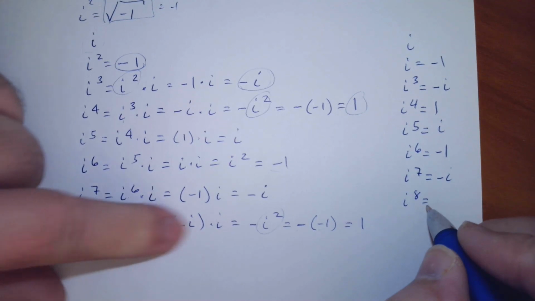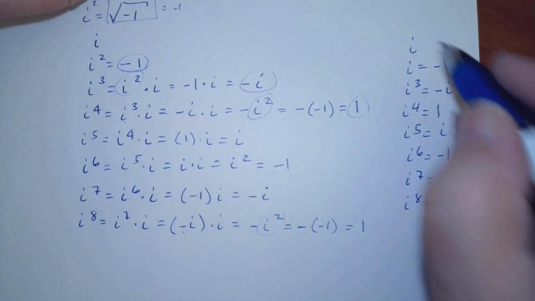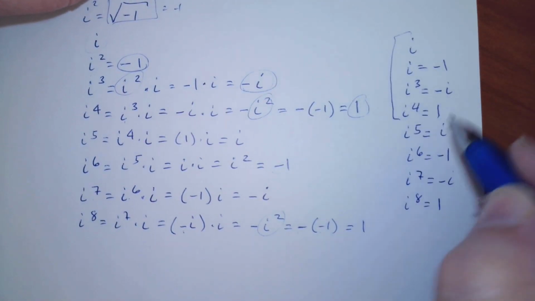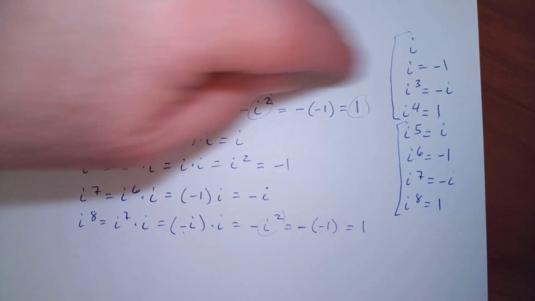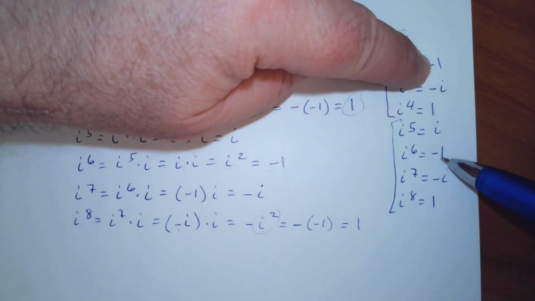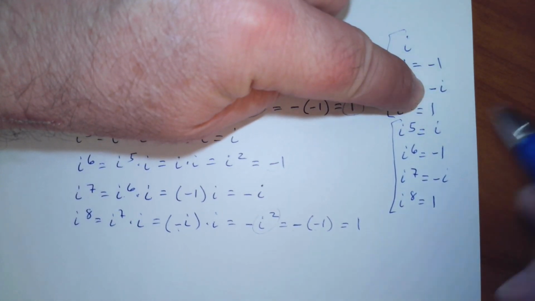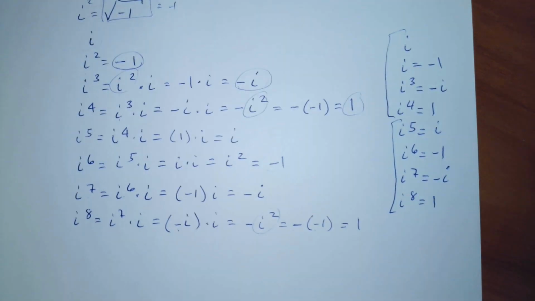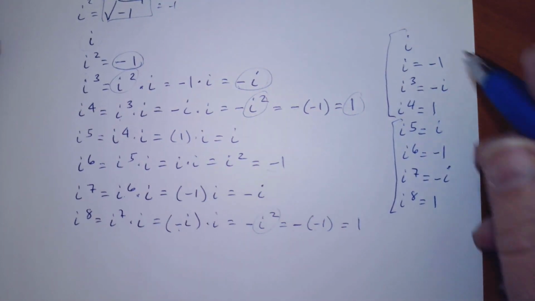And i to the 8th is 1. If we notice, the pattern repeats itself: i, negative 1, negative i, 1. So they repeat themselves in groups of 4.